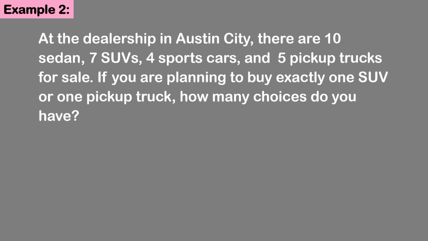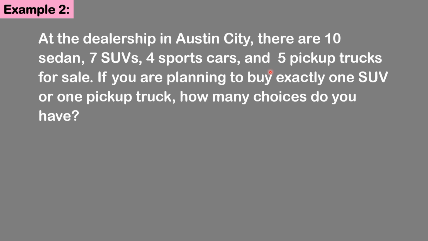Number 2. At the dealership in Austin City, there are 10 sedans, 7 SUVs, 4 sports cars, and 5 pickup trucks for sale. If you are planning to buy exactly 1 SUV or 1 pickup truck, how many choices do you have? To solve this, consider the number of each type of vehicle you're interested in.